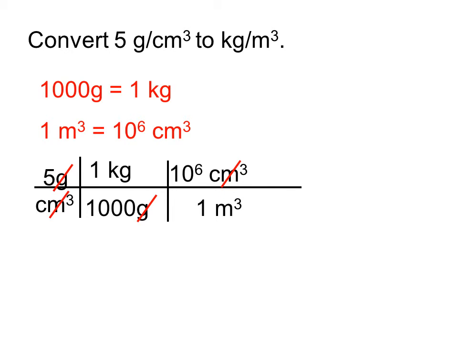And you can cancel cubic centimeters. Notice that cubic meters is in the denominator, the same place it appears up here. So look at your units: kilograms per cubic meter, just like here. You're done. You don't have to do anything else except the math. 5 times 10 to the 6 divided by 1,000. And there you have it.